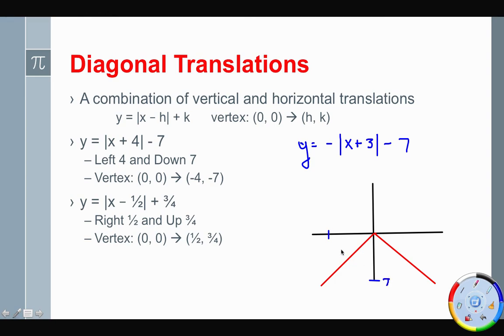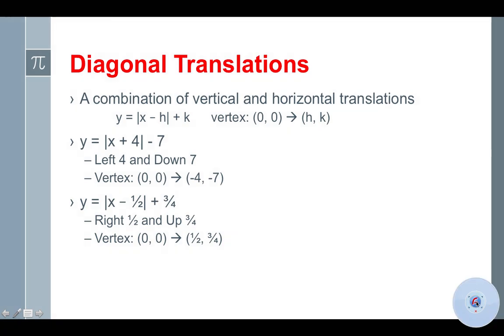I know that doesn't really look like this, but just as a quick idea here, left 3, down 7, and then we get a graph that looks kind of like this. So it still works with the negative absolute values, and eventually we'll be looking at every type of function, which has these types of translations. But right now we're just specifically looking at the absolute value.